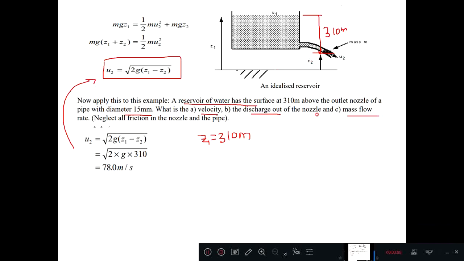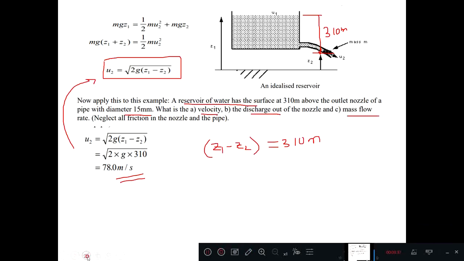So z1 minus z2 is 310 meter. Then substitute this value here, we get this one. So that is 78 meter per second. We have got the velocity as 78 meter per second.